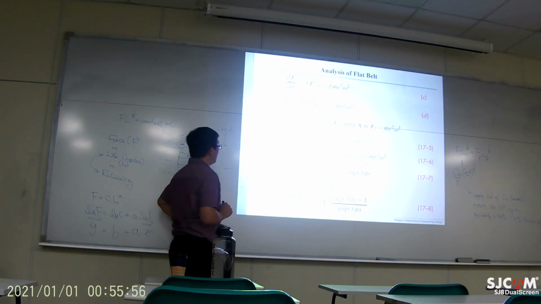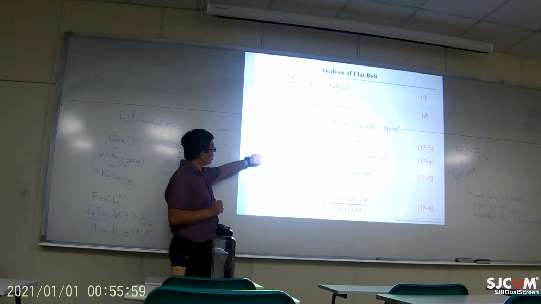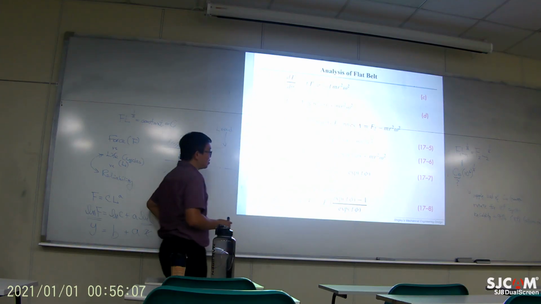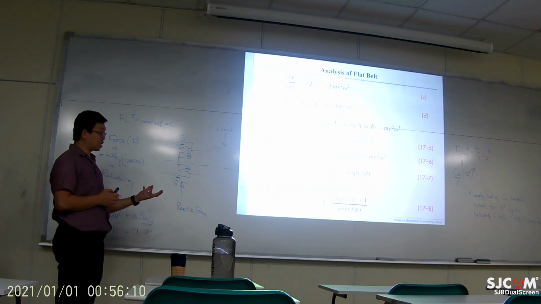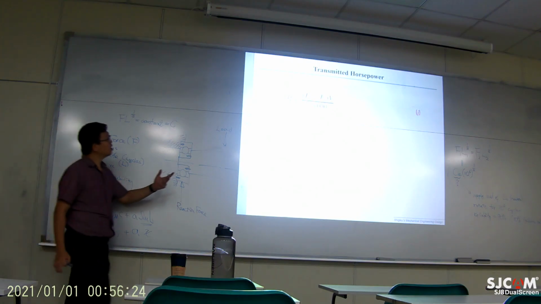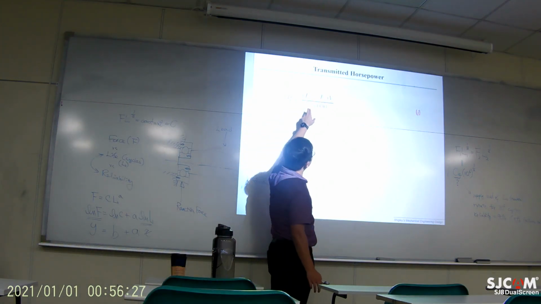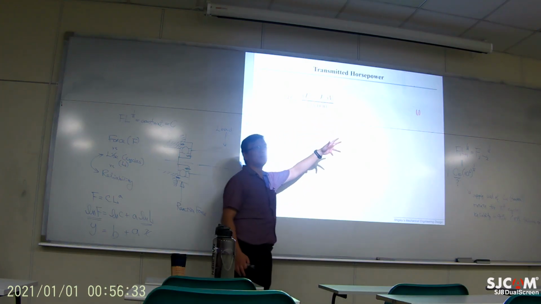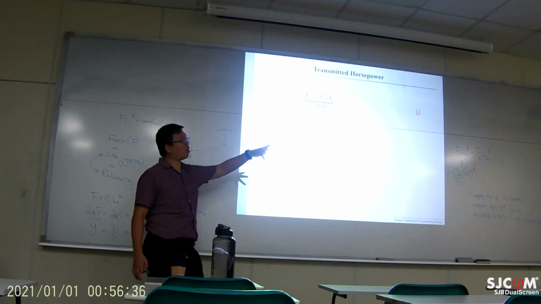So when theta equals phi, F equals F1. F1 and F2 are different. You can use F1 minus F2 to get the delta F. When you have delta F, you can use it to compute power. Let me show you how to compute power. Power equals delta F times velocity. Then you know the required motor power to drive the belt.